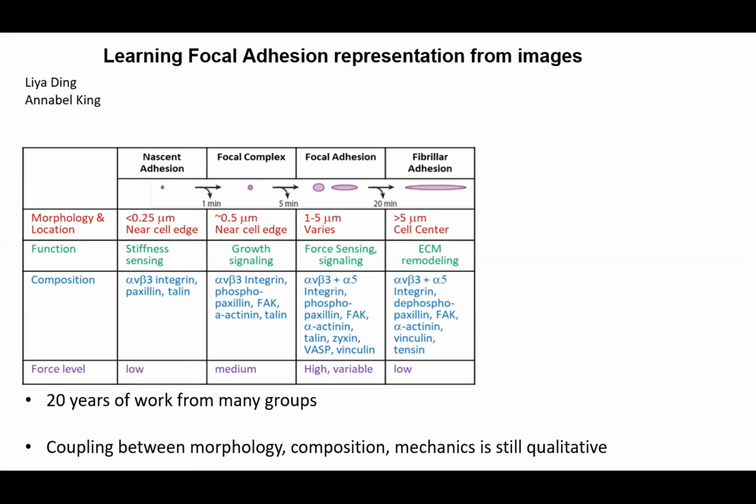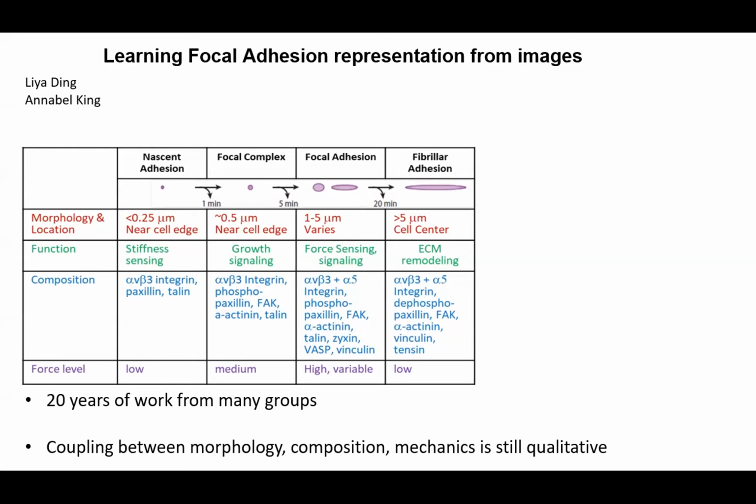And focal adhesions are a great example of a mechanobiology organelle, from a review article 5 years ago, right? You have all these different features: they change their morphology, they change their function, they change their composition, they change their mechanical state, right? All this understanding of focal adhesion dynamics and mechanobiology was built up from 20 different labs.